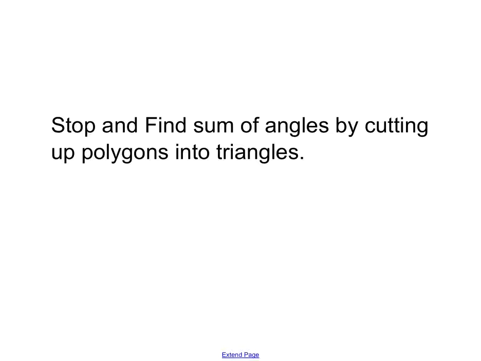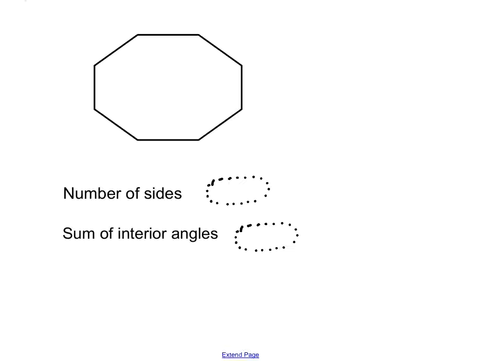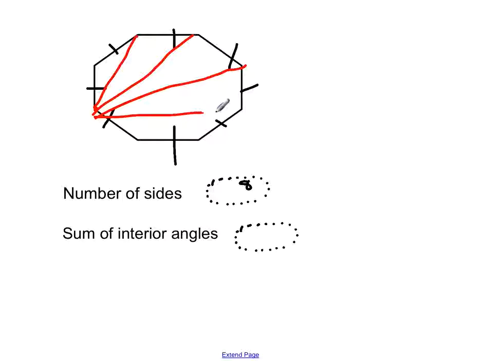Now, we are going to use this to find the sum. So on the back side of the sheet, we need to first find the number of sides. So 1, 2, 3, 4, 5, 6, 7, 8. We have 8 sides. Now we need to find out how many triangles that cuts into. So 1, 2, 3, 4, 5.